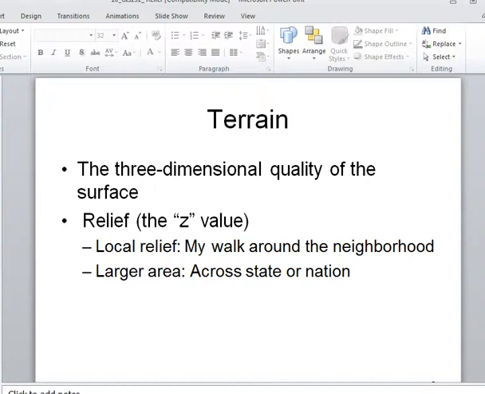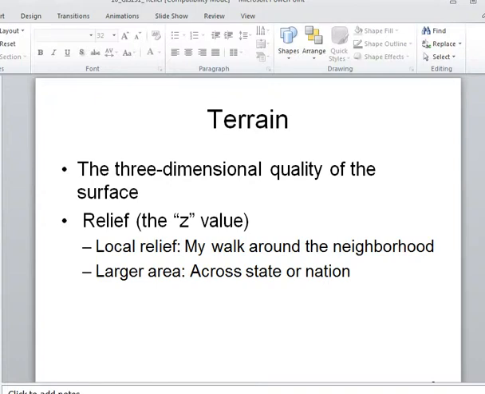Relief is kind of relative in a way, because if I talk about the relief in Eugene, I'm talking about probably, what's the tall butte? Spencer's. Yeah, I'm talking about the difference between Spencer's Butte, which I have no idea what that elevation is, and the bottom land, which is I think like 355 feet. That change in elevation would be the local relief of Eugene.